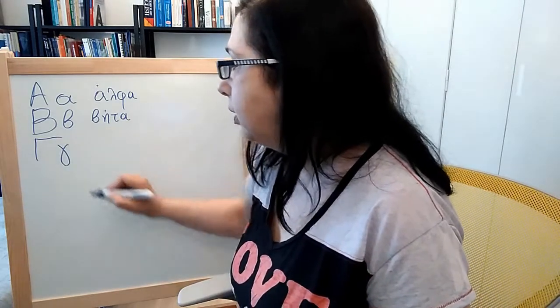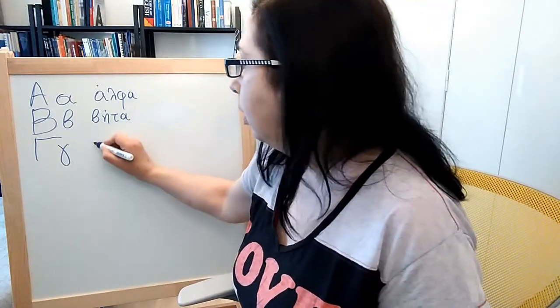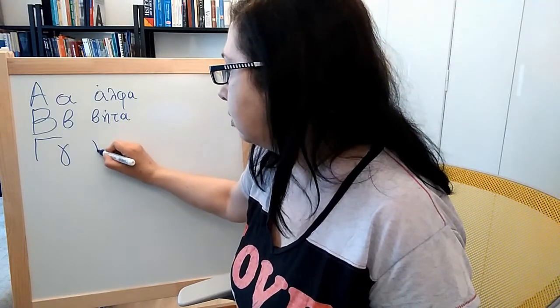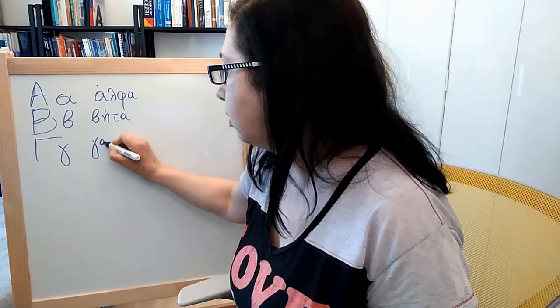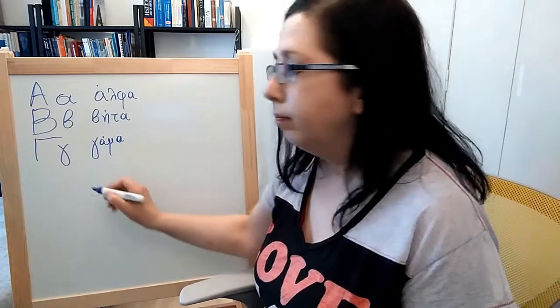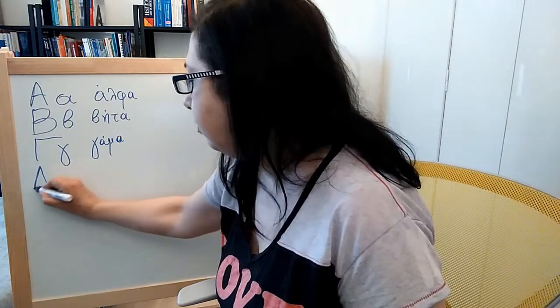And the little one is this one, and it's called Gamma. Okay? And then Delta.